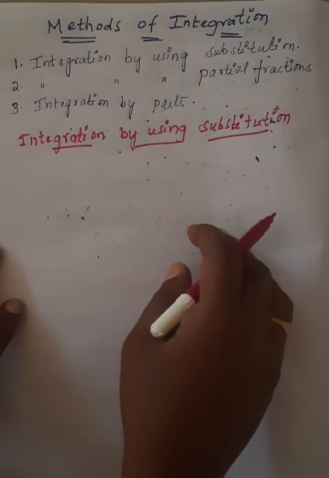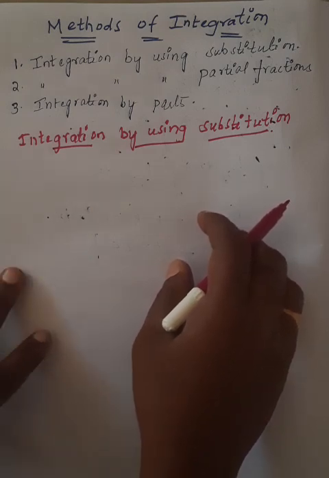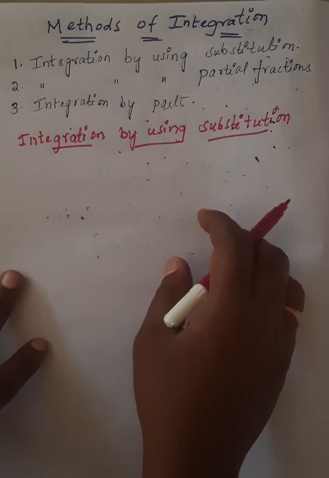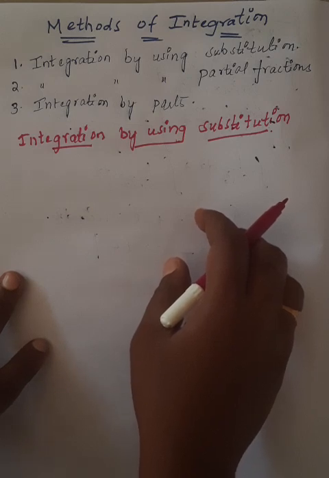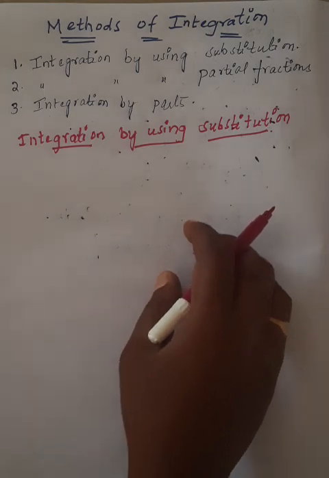This method consists in changing the variable of integration to another variable by a substitution. That substitution must be suitable so that the given integral transforms into a known standard integral.